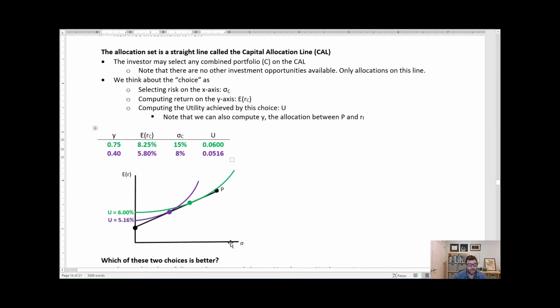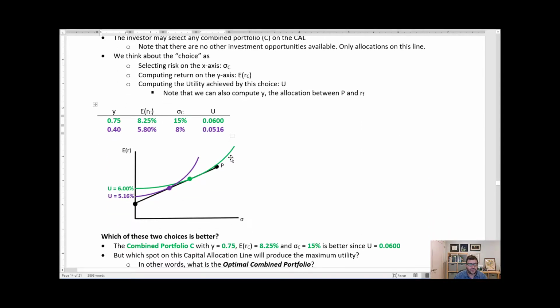And so for now, we can see that this allocation is better than this allocation because it has a higher utility. I should have drawn these a little bit more parallel, the purple line and the green line, but they're close enough. And I can see that the green iso-utility line dominates the purple iso-utility line.